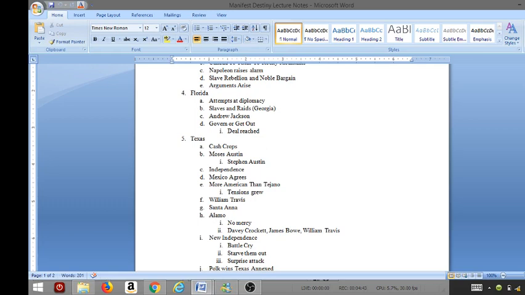However, slaves would send raiding parties from Florida into Georgia and raid crops there. So the Georgian people at the time were pretty focused on trying to get this Florida territory conquered.